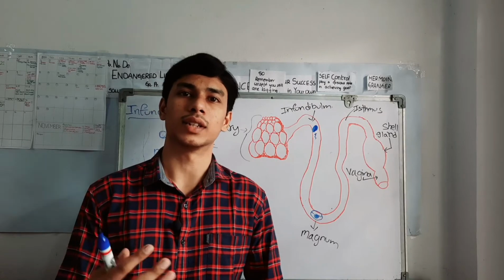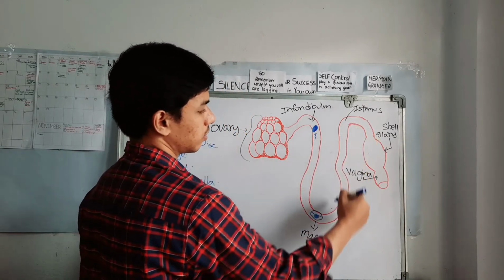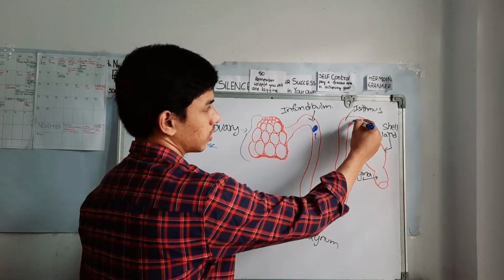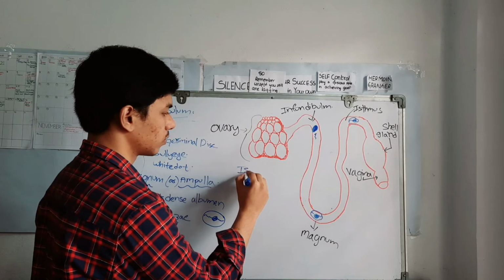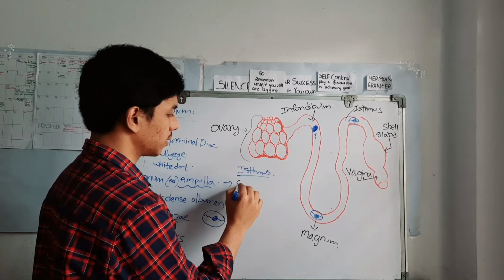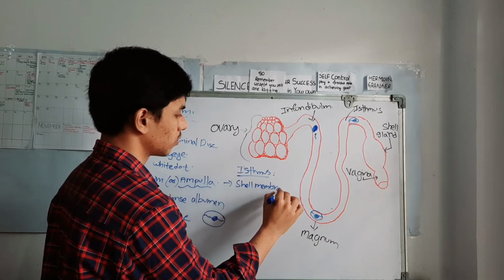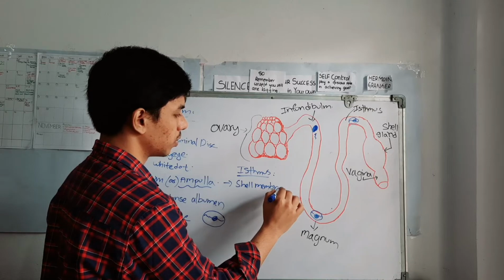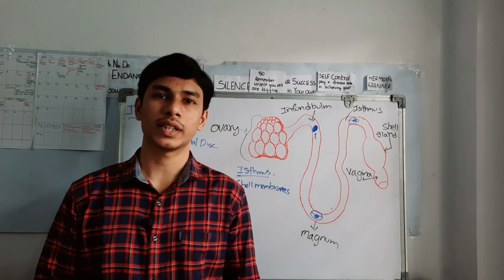Then the yolk reaches the isthmus. Shell membranes are deposited in the isthmus.